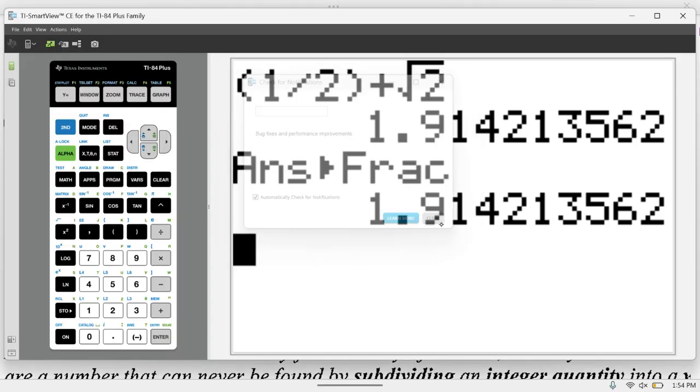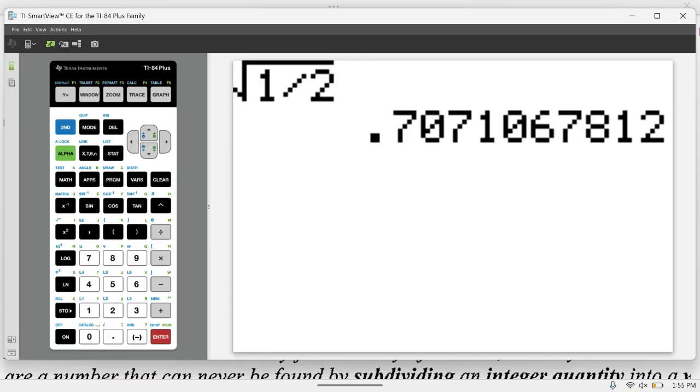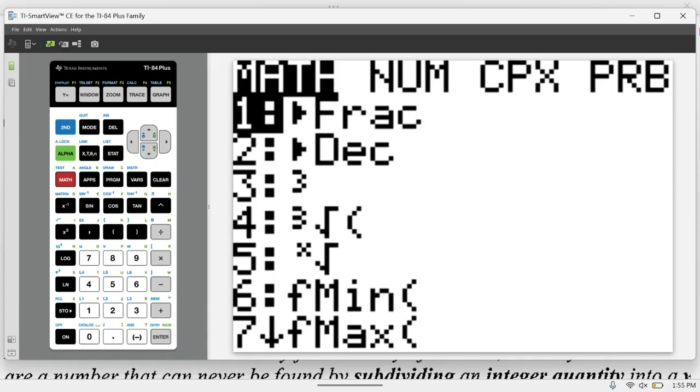Okay, so let's say I did the square root of 1/2. The way I type it in is I just do square root of 1 divided by 2. Same thing as 1/2. Now, if I try to turn this into a fraction, who remembers how I can convert to a fraction in your calculator? So you hit math, which is that key under the green alpha key, and then 1.